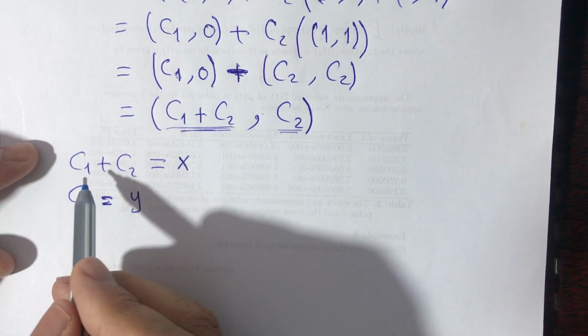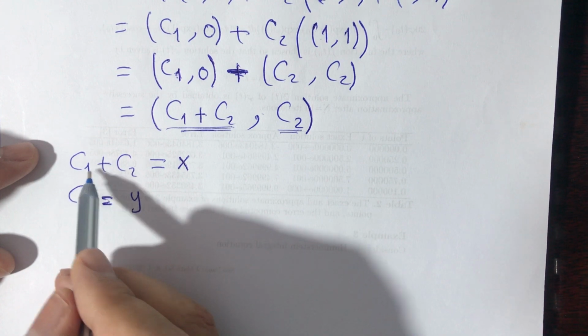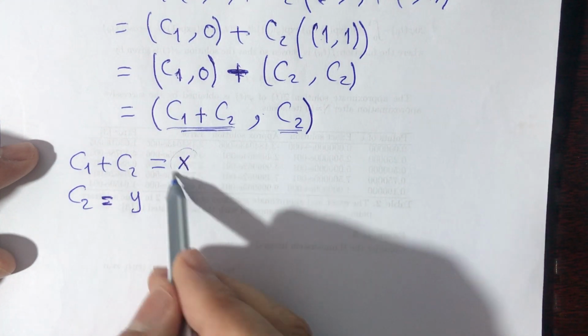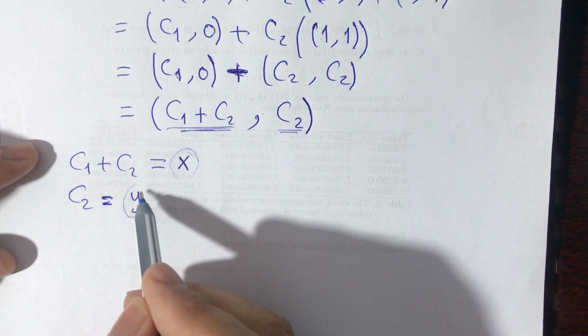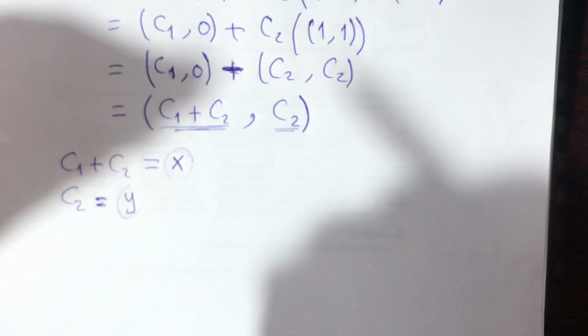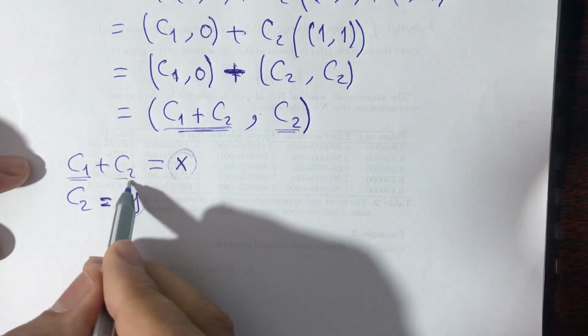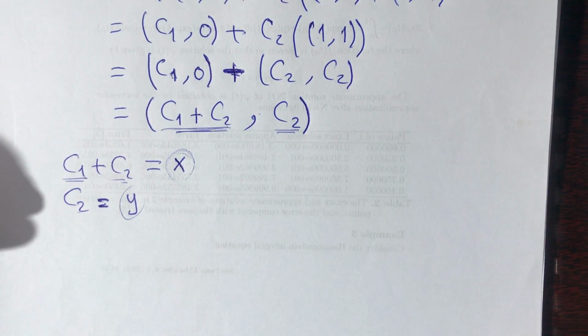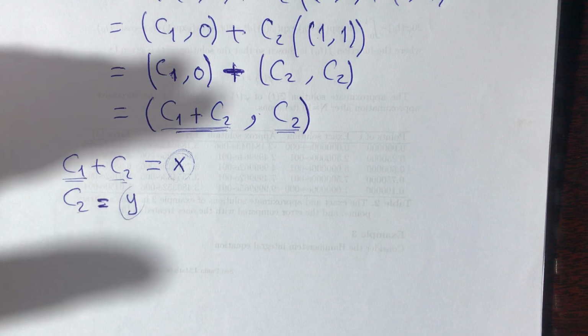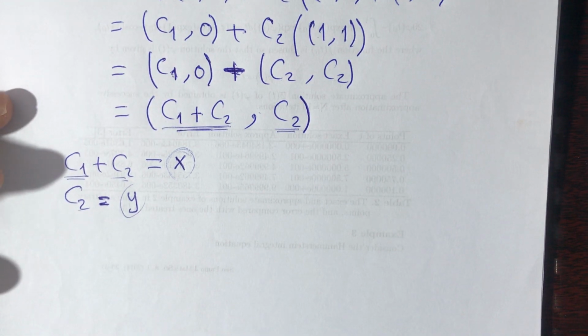The variables here are C1 and C2, and we know this point because I gave this point already. I have to find C1 and C2 in this linear system. I think this is easy to find.